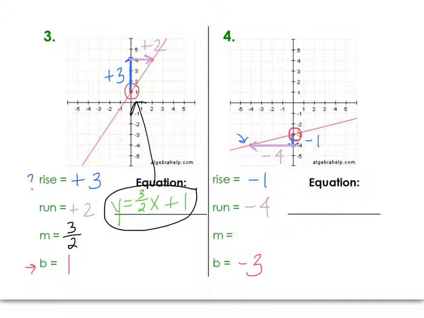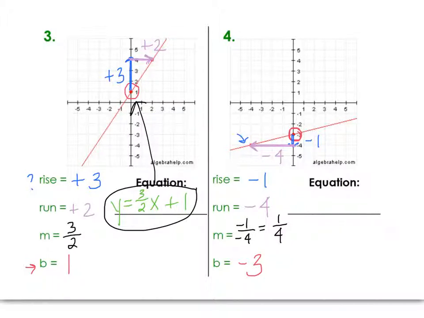Well, slope is rise over run, but if I'm rising negative 1 and I'm running negative 4, those negatives are going to cancel each other out, so my slope is actually positive 1 over 4.